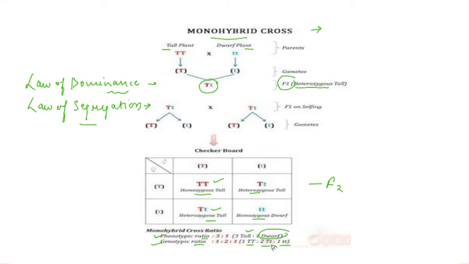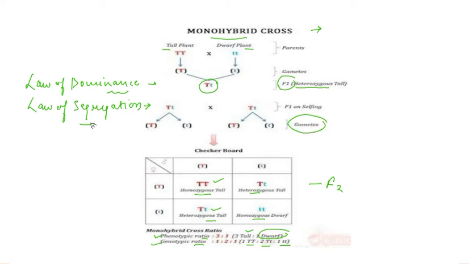And इससे क्या पता चला? इससे ये पता चला कि ऐसा नहीं है कि वो कैरेक्टर कहीं खो गया या फिर ब्लेंड हो गया. It means that उसकी existence रही, and why it reappears in the F2 generation, it is because of the segregation of the characters at the time of gamete formation.